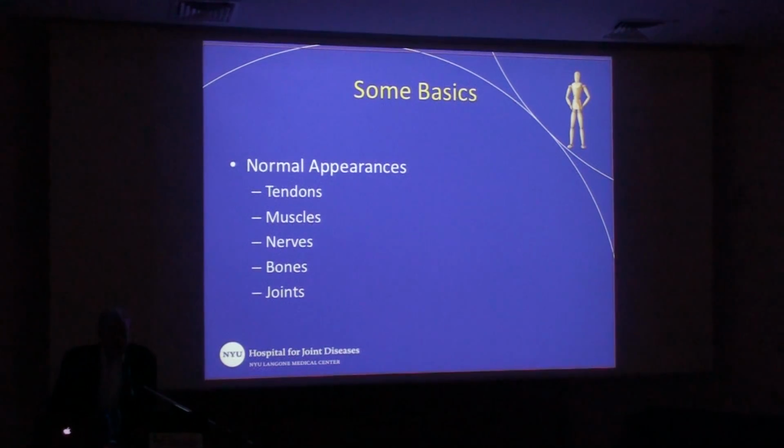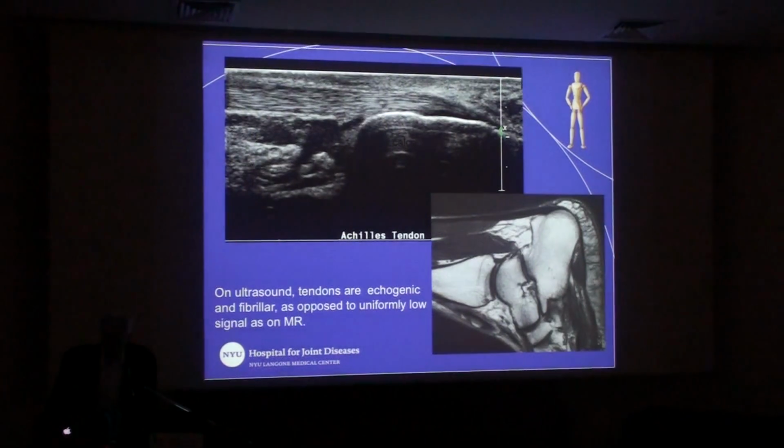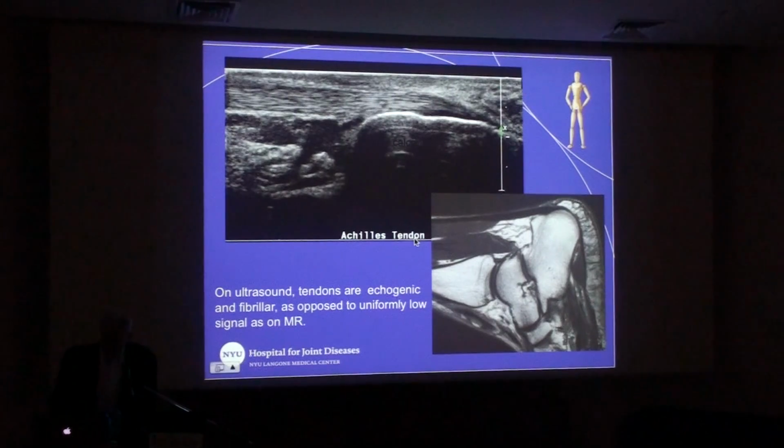So let's review a few things about what normal tissues will look like on ultrasound. As opposed to the low signal intensity structure that we would see if we were looking at an Achilles tendon or tendons anywhere on MR, on ultrasound, tendons appear as echogenic fibrillar structures, as we see in this Achilles tendon as it inserts on the calcaneus. This is fairly characteristic.